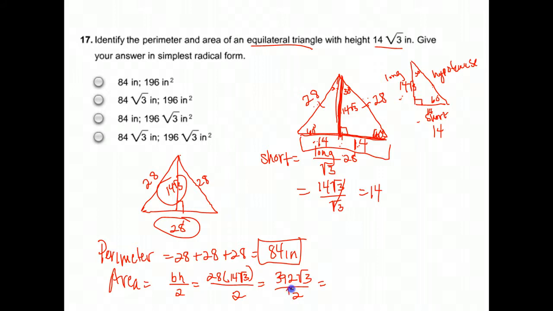And then we go ahead and divide the 2 into that 392 to simplify, and we get 196 root 3 square inches. So it looks like our correct answer is perimeter 84 inches, area 196 root 3 with this option right here.